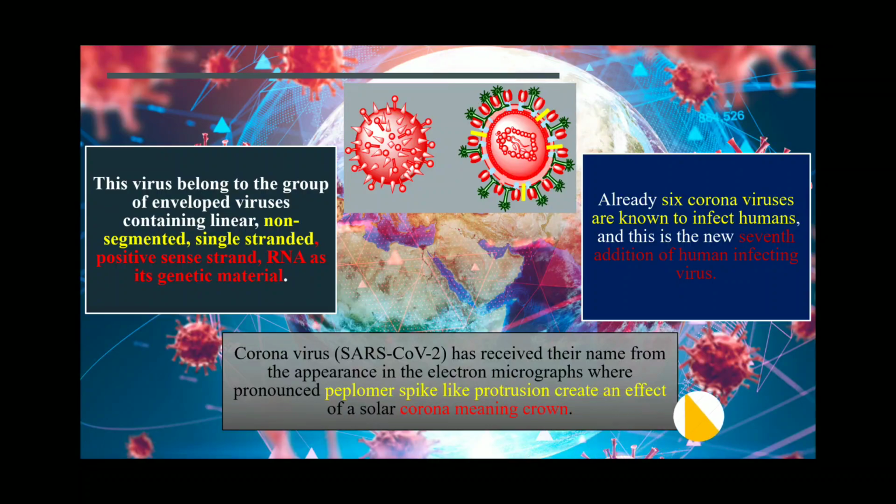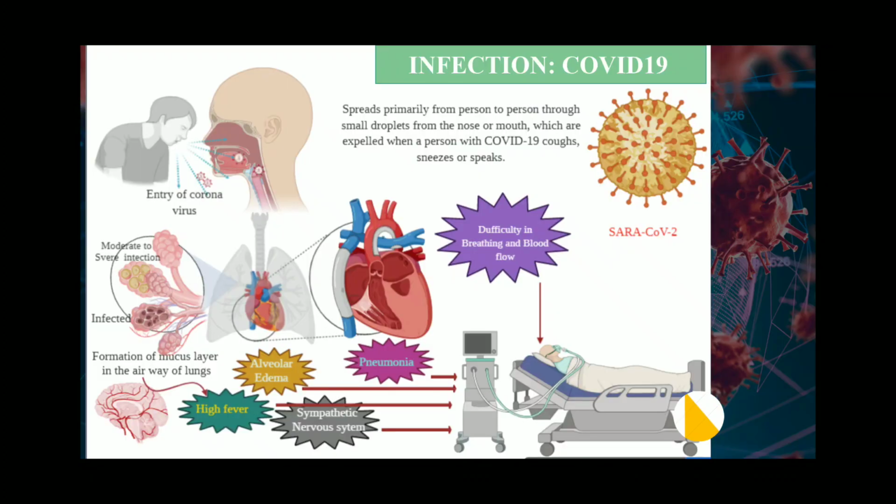So due to this crown-like structure, people called it a coronavirus. Okay, so here I will explain briefly how this infection occurs. The detailed pathogenesis, how it is infecting, how it is going inside our body, I will explain in my upcoming videos.